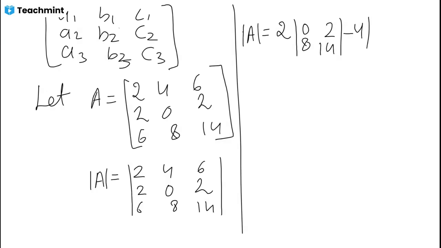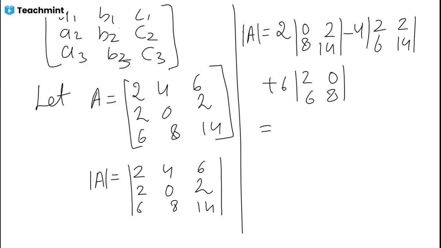And now just leave the elements of the first row and second column. 2, 0, 8.